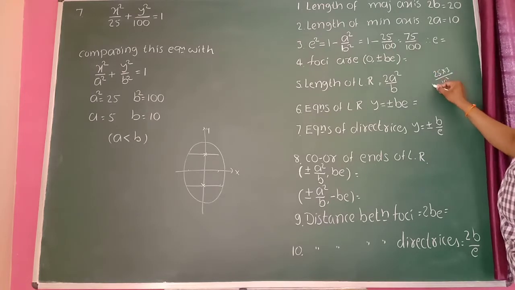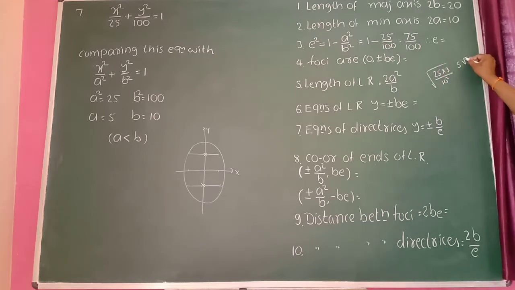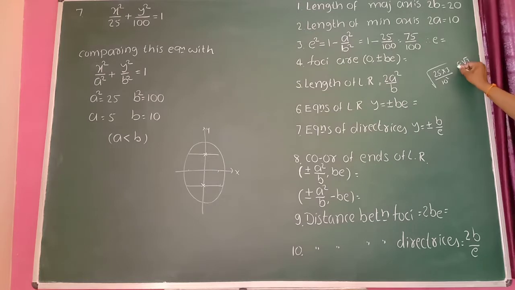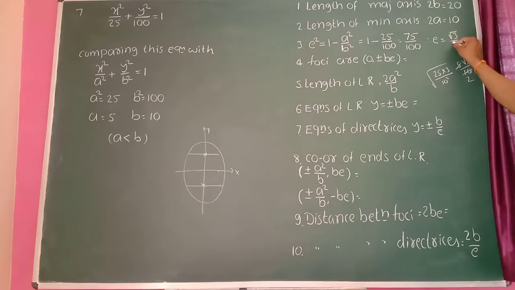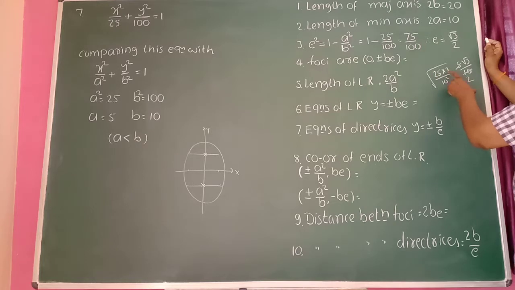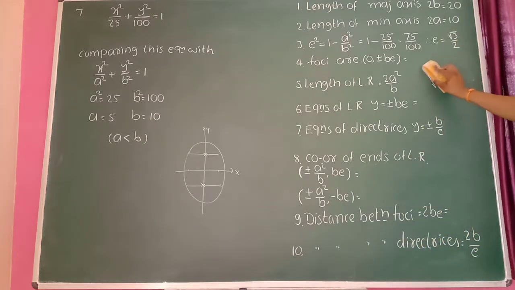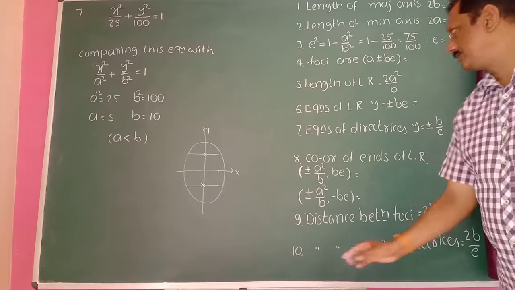Taking the square root, it is 5 root 3 divided by 10. 5 ones are 5, 5 twos cancel. So root 3 divided by 2. Eccentricity is root 3 divided by 2.